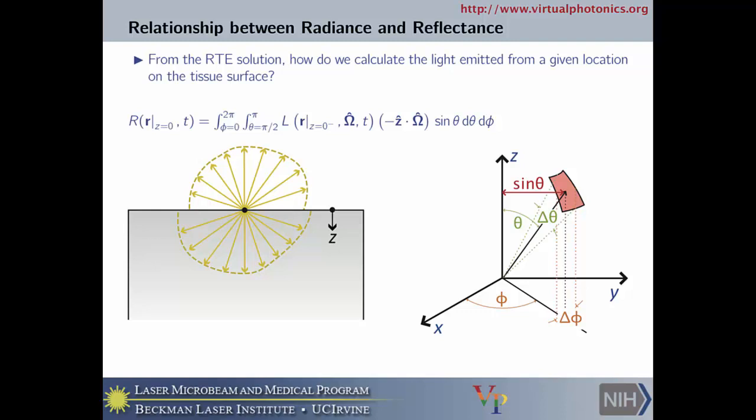So you would just do an integral over z dot omega, here it's greater than 0, right? Because you have to be pointing outward. And then you'll have the radiance, L, evaluated at some z equals T plus, because you want to be on the opposite side.